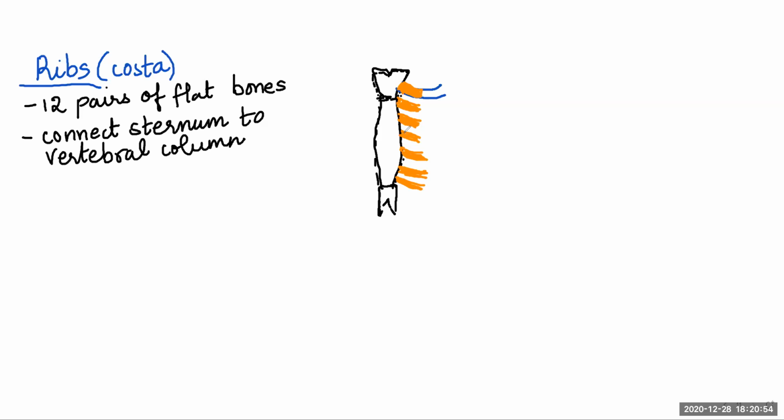Did you understand this? So this is the first pair of ribs, second pair, third pair, fourth pair, fifth pair, sixth pair and seventh pair. And these cartilages which help the ribs to get connected to the sternum, they are called costal cartilages, cartilage of the ribs.